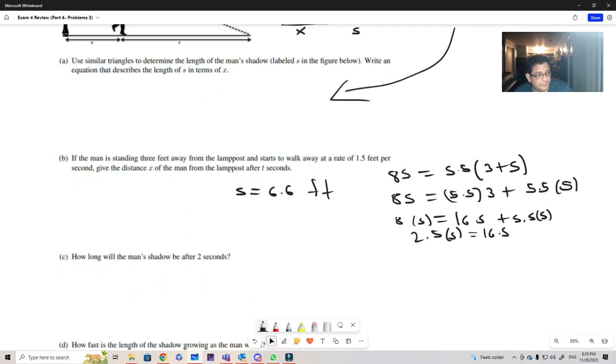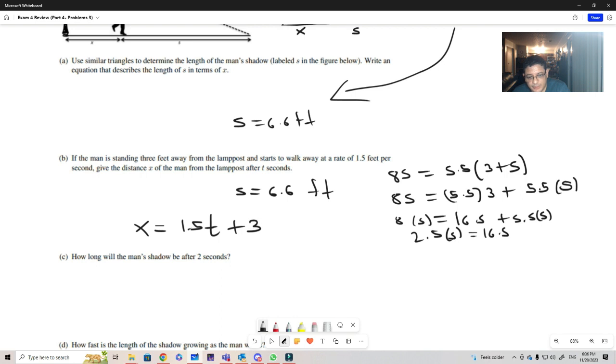Now, if the man is walking away from the lamppost, and if the man is going away 1.5 feet per second, so this is going to give us how much X is increasing. So X is increasing by 1.5 times the time in seconds. And remember that we initially have 3 feet away.